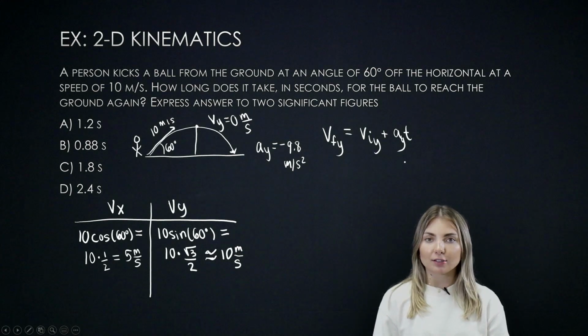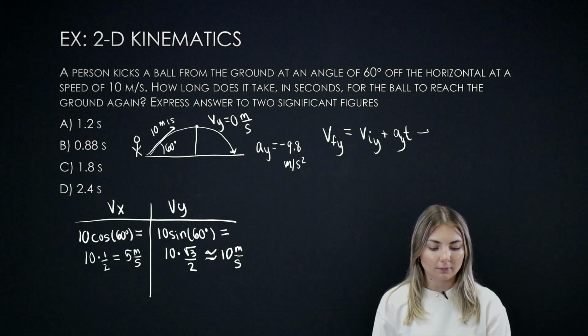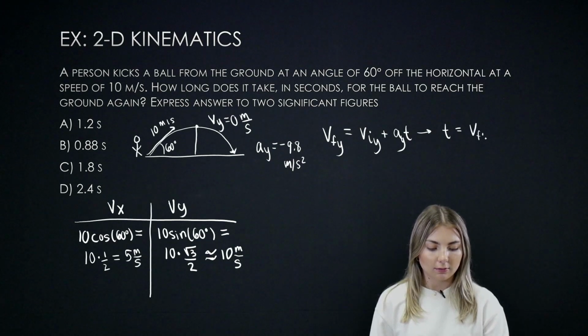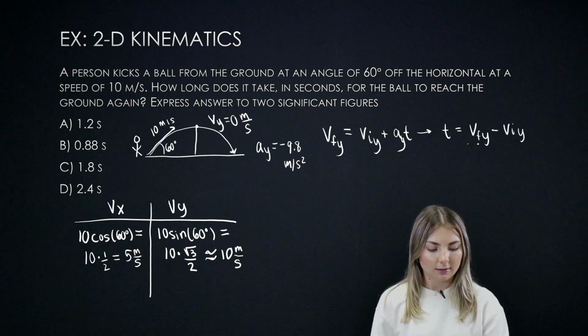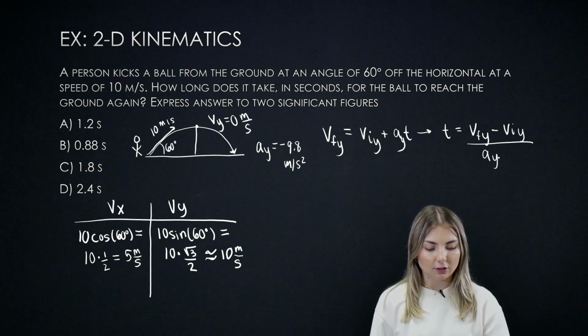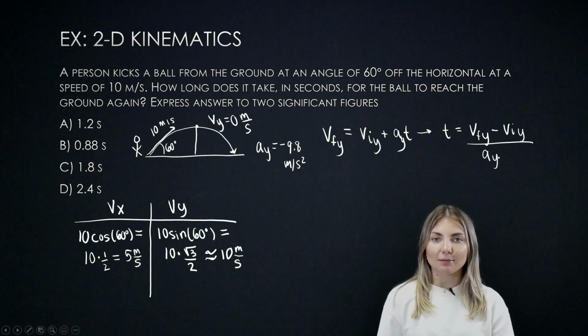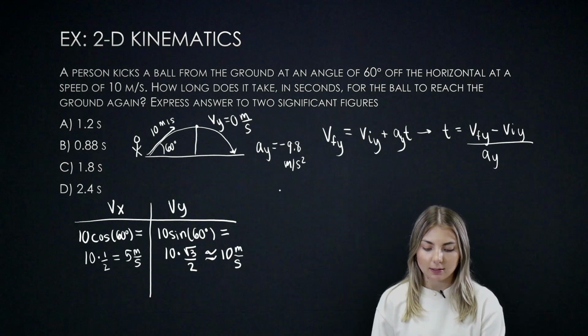So now let's rearrange this equation to solve for time. Time equals final velocity minus initial velocity divided by acceleration. So now we can go ahead and plug in some values.